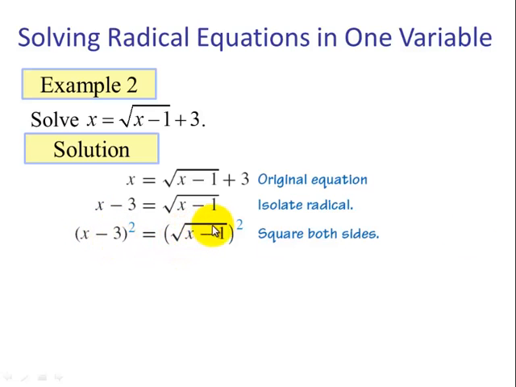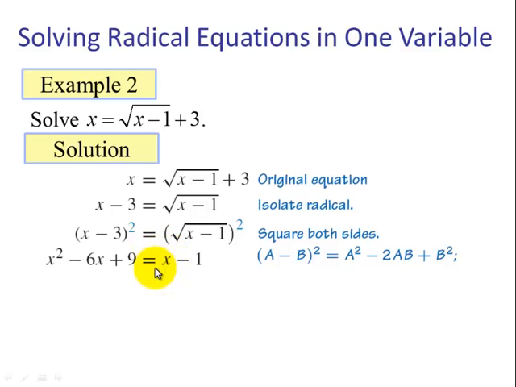On this side of the equal sign, the square and the square root cancel, and we're left with x minus 1. So we have the equation x squared minus 6x plus 9 equals x minus 1. Next, we want to subtract x from both sides and add 1 to both sides, so we have this quadratic equal to 0.